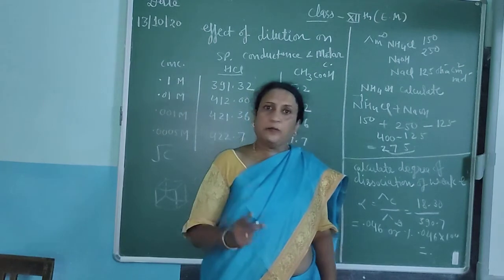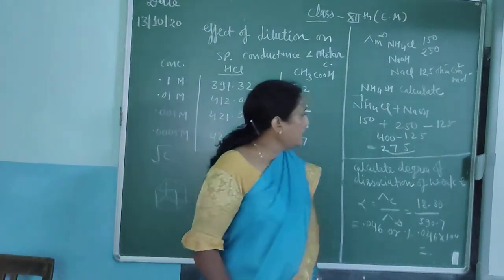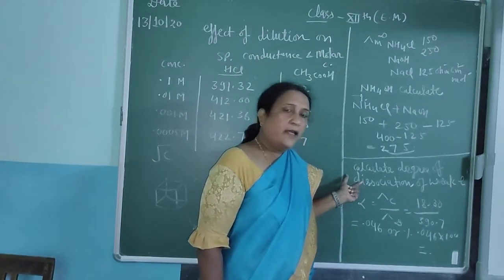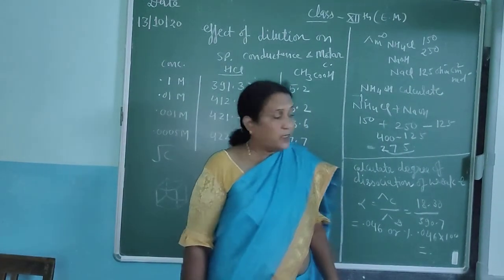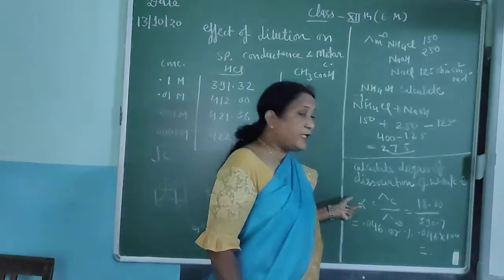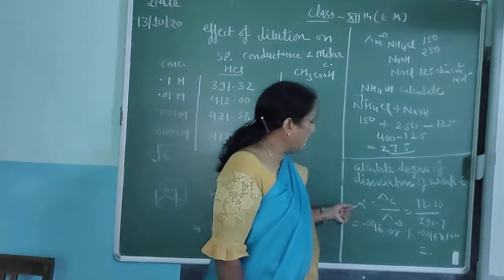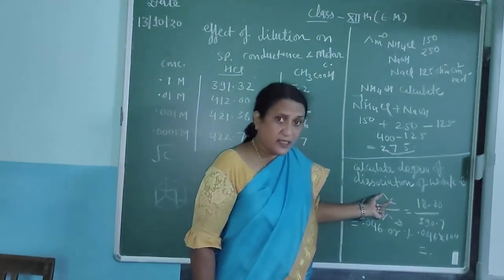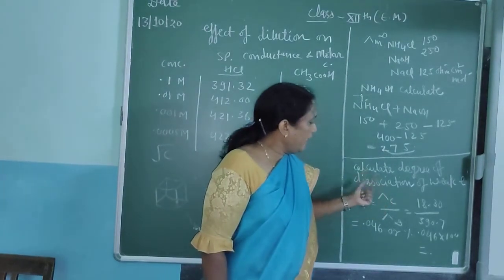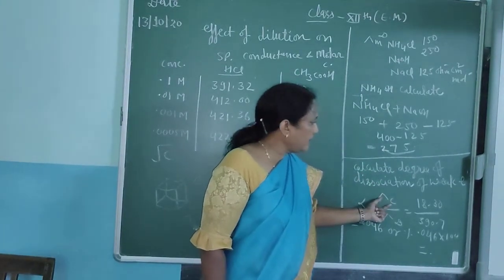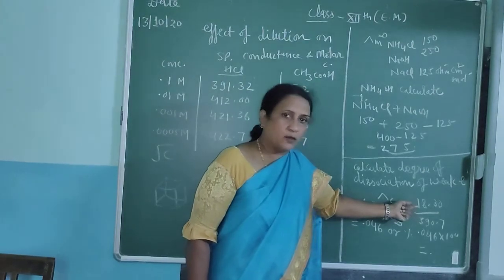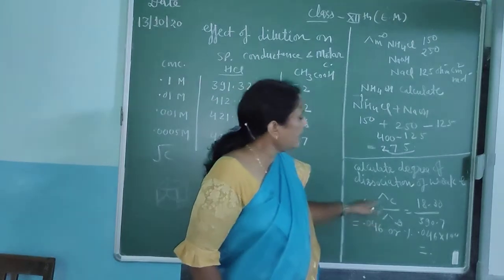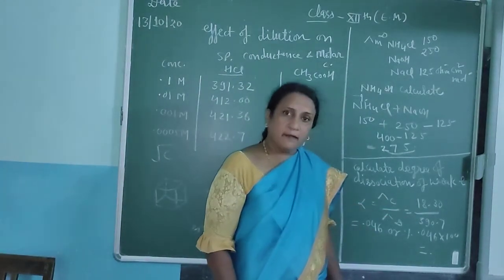Then the second important application is to calculate the degree of dissociation of a weak electrolyte and its ionic percentage. So we have a formula. Degree of dissociation is denoted by the sign alpha. Suppose I take the example of acetic acid, so at N by 50, the molar conduction of acetic acid is 18.30. At infinite dilution, conduction is 390.7.